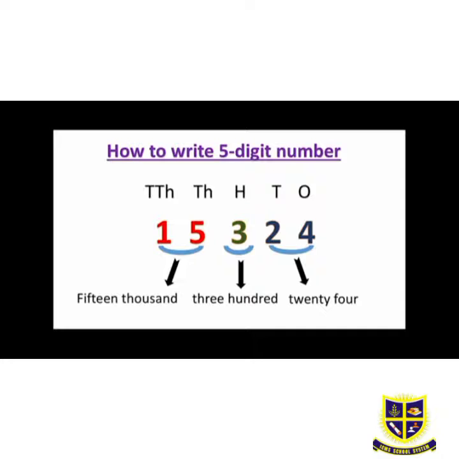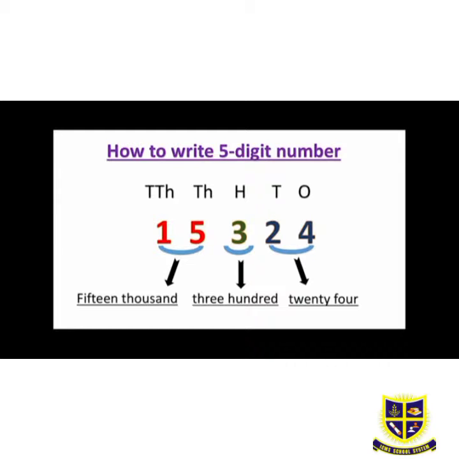So the last part is 24. So it has 3 components. The first comes from these 2, the second part comes from this 3, and this is the third part.